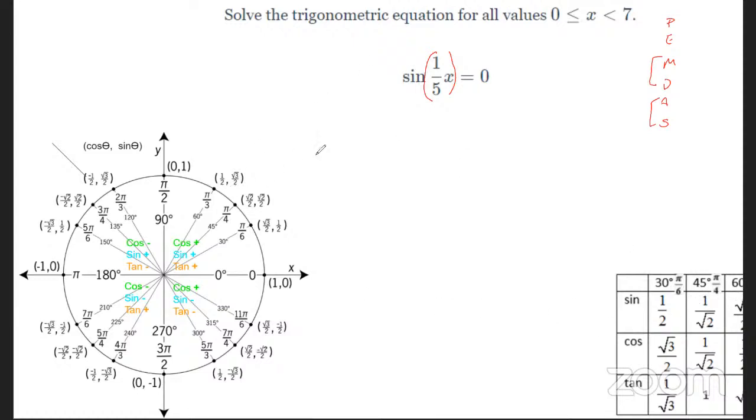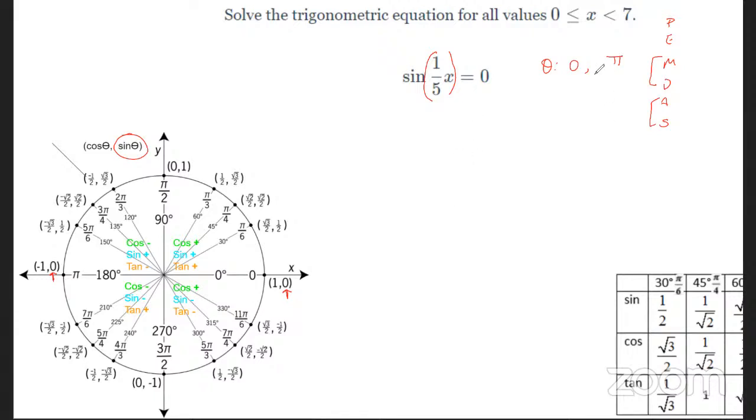It's got to be something different. But we know that sine is going to be our second number in the ordered pair. So I can see that I have a 0 here and a 0 here. So there are two values that theta can be, or the angle can be. Our angle can either be 0 or it can be pi.